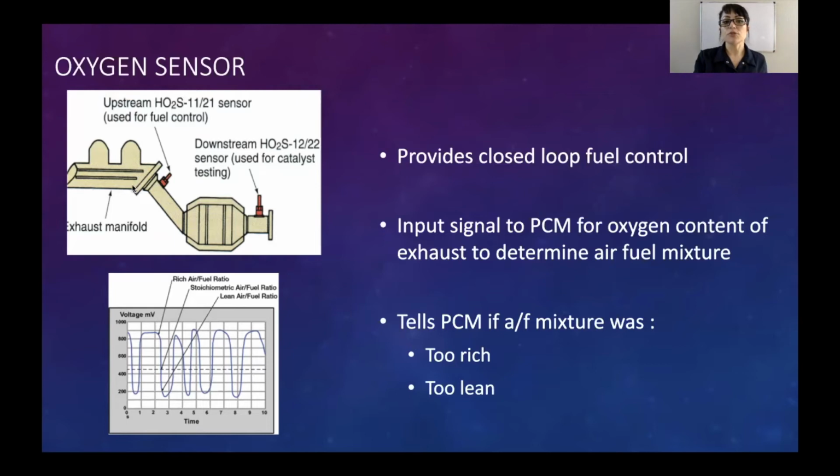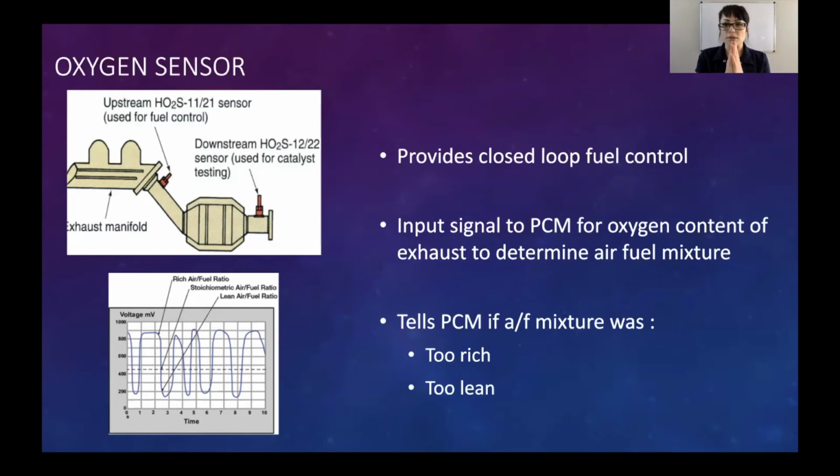The downstream O2 is to see how much the catalytic converter cleaned up from the upstream O2. So it compares downstream to upstream to see how much the catalytic converter did. And if the catalytic converter is not doing a lot, it's going to pop on a check engine light telling you to check your catalytic converter, essentially, if you know what you're looking for. Either that or the O2 is bad.